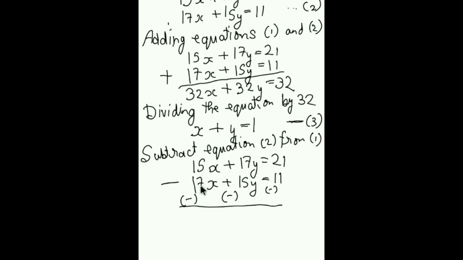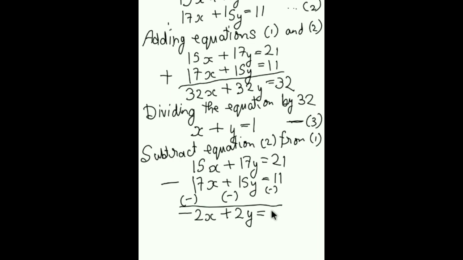Now we will get the answer as, see 15x minus 17x will be minus 2x, 17y minus 15y, so plus 17 minus 15 will be plus 2, right? Here the sign of the bigger number is plus. Here the sign of the bigger number was minus, so the answer we got is negative. Here the sign of 17 is positive, so plus 2y.